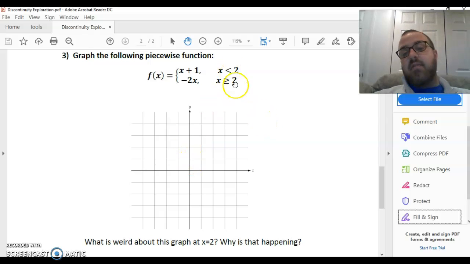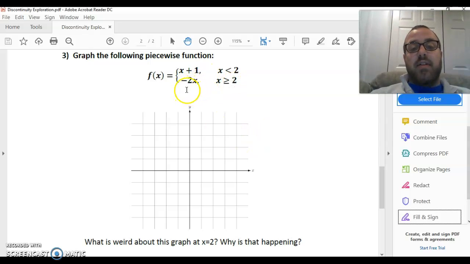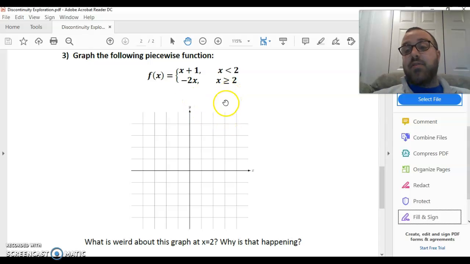For negative 5, that's less than 2, so I'll plug that in here. Just get a couple points and plot those. And then at anything greater than or equal to 2, your graph is going to follow the negative 2x rule, right? So if I had 3, I'd plug that in down here, get that rule, and that's where my graph would go. At 2, same thing, plug that in, and that's where my graph would go.